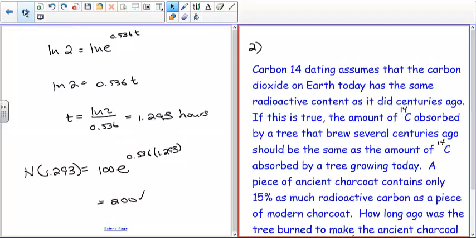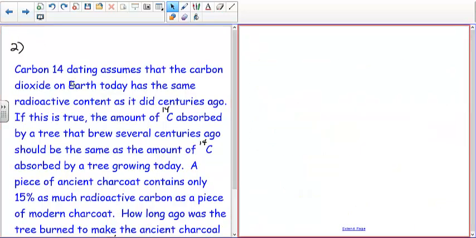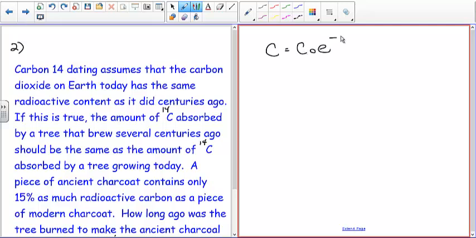The second one involves carbon dating. This is exponential decay. So the quantity is going to be some initial quantity times e to the minus kt. So the first problem was exponential growth, and we had plus k.